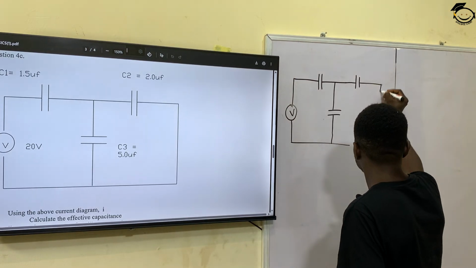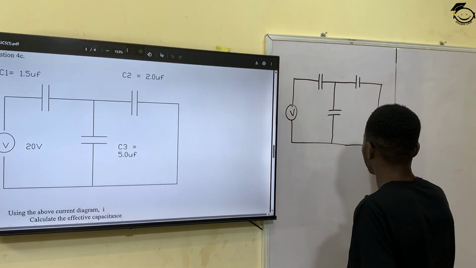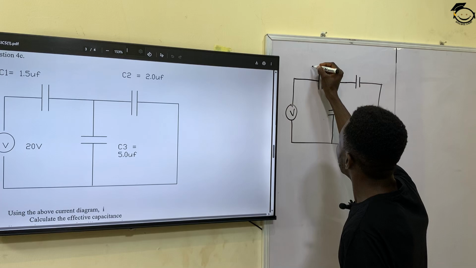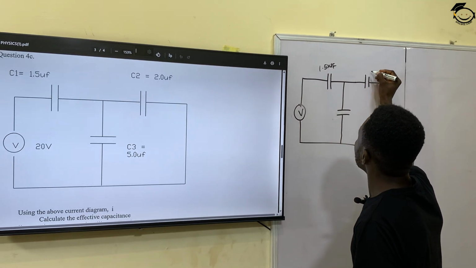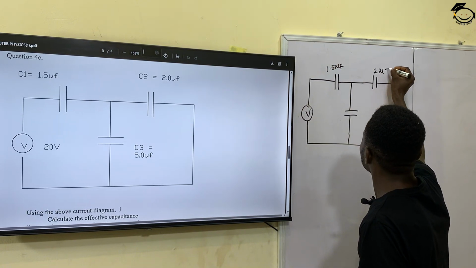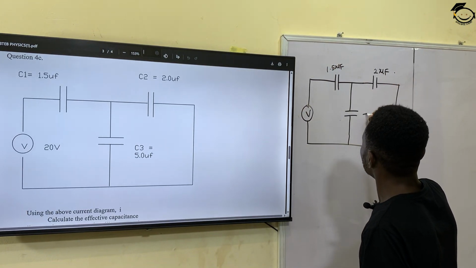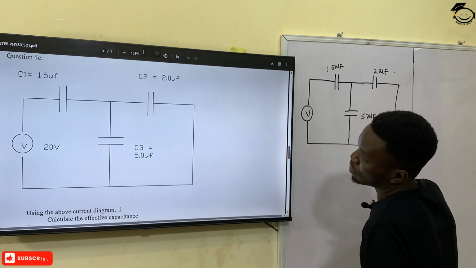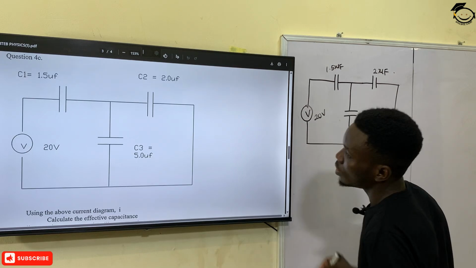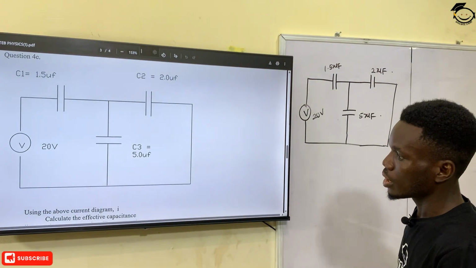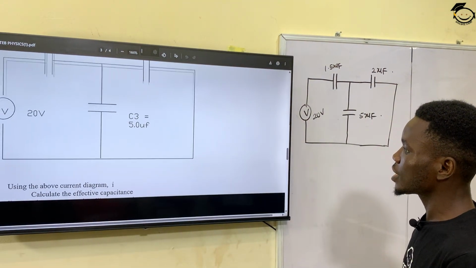So this is what I have in the diagram, and this is 1.5 microfarad. This is 2 microfarad, and this is 5 microfarad. This is 20 volts. So the question says, calculate the effective capacitance.